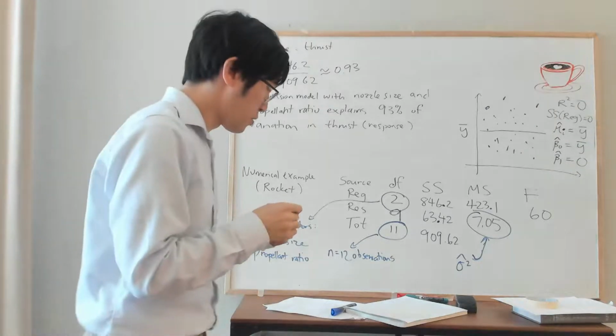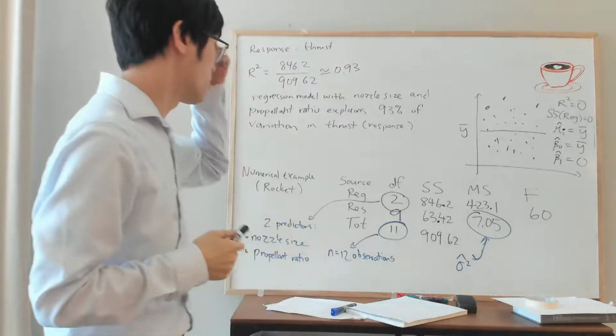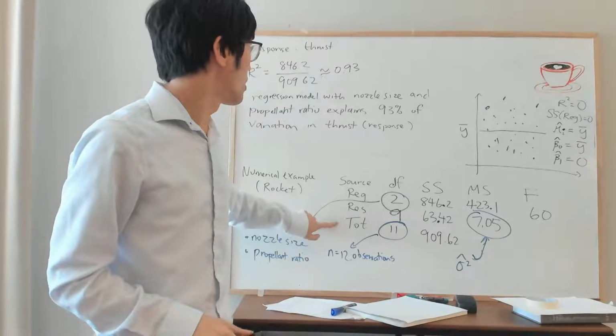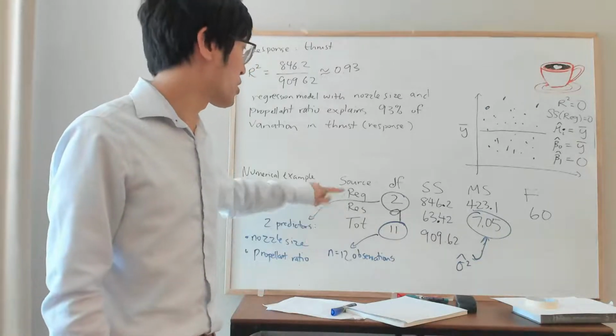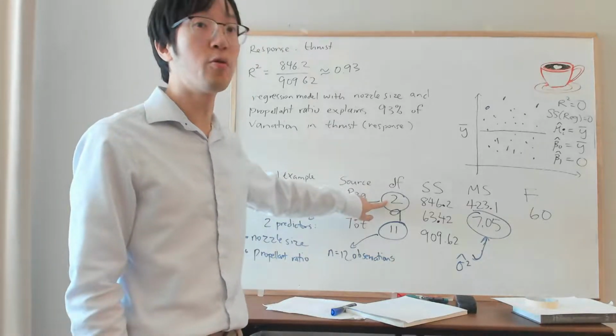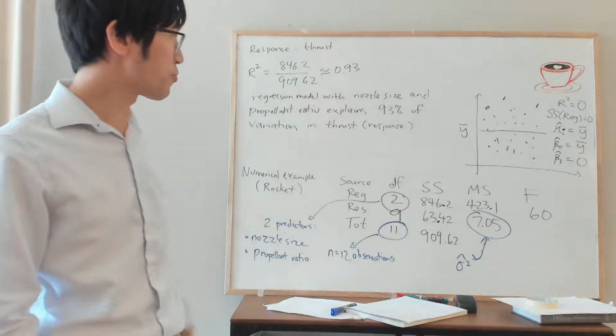So that's the specific interpretation of R squared in this case. Much of the variability in the response is explained by this regression model, which has two explanatory variables.